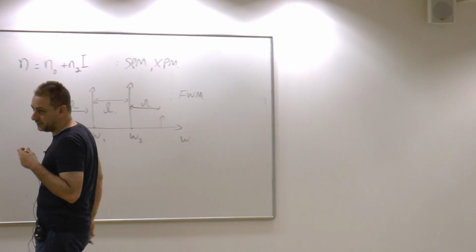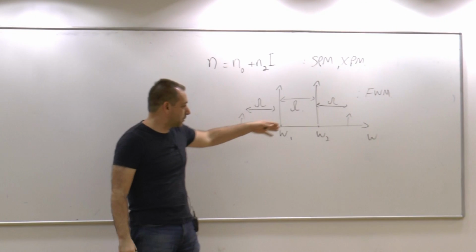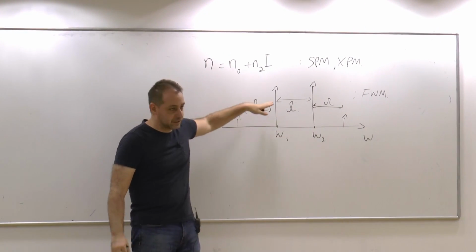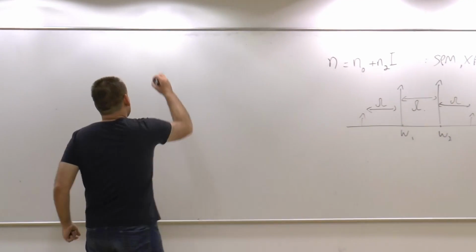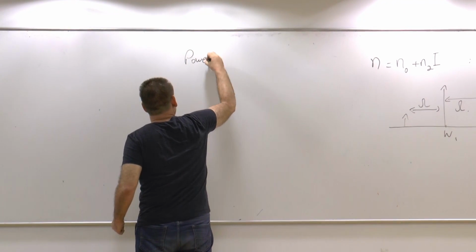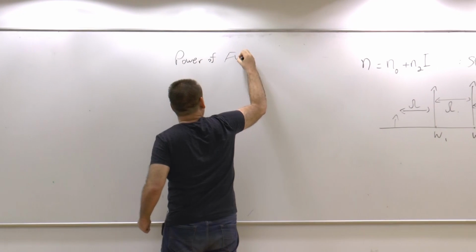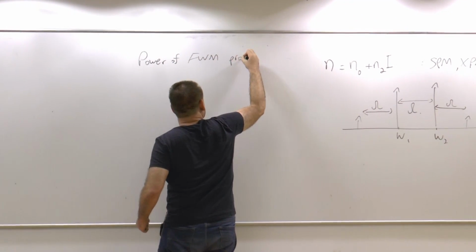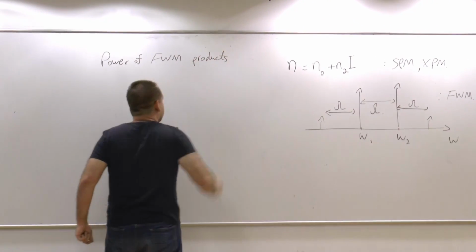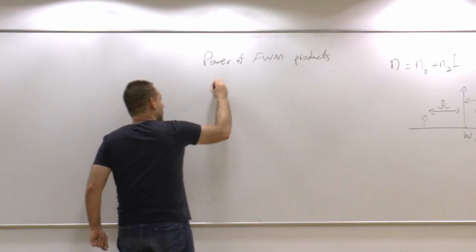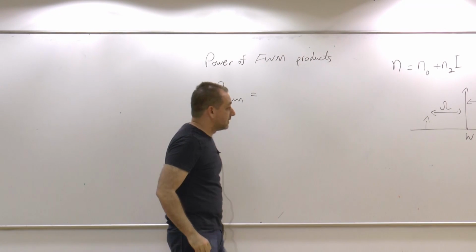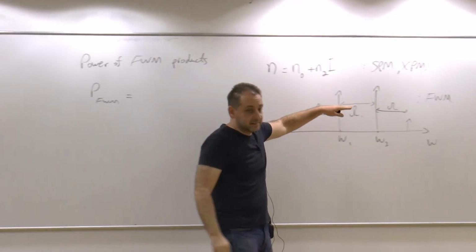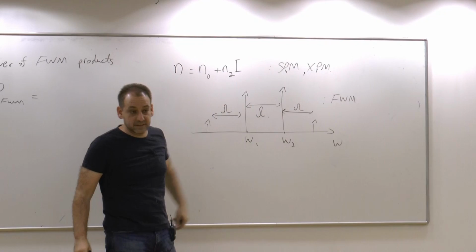And one thing I did not tell you is just how much power is being generated at these sidebands, and we can complement this now. So the power of these four-wave mixing products at the new frequencies, we can call them P four-wave mixing. And I will assume, for simplicity, that the two tones have the same power at the input.